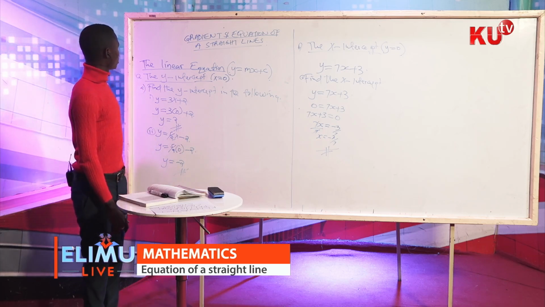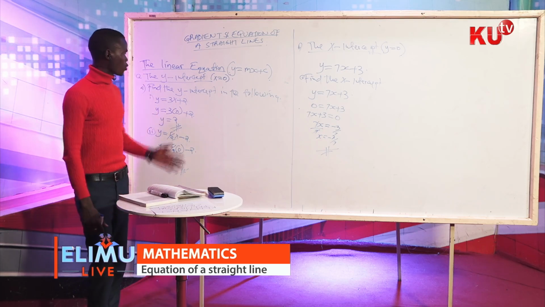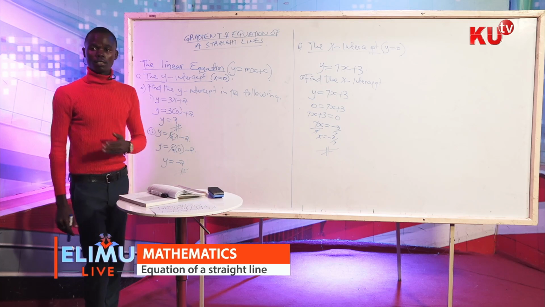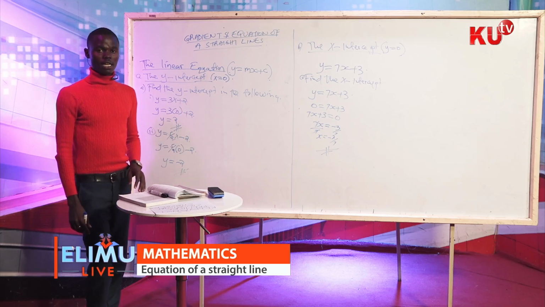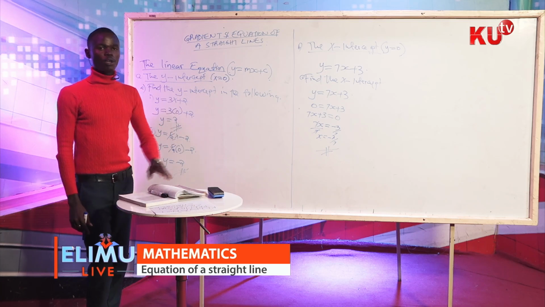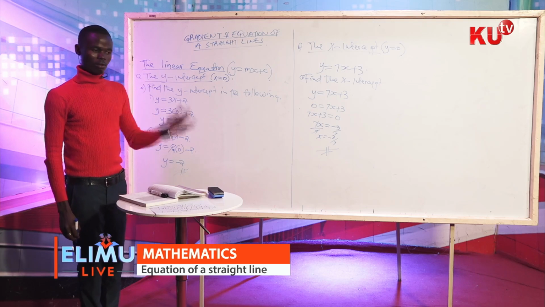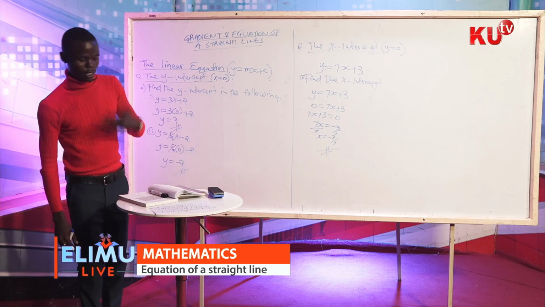From there, we moved on to form the equation of a straight line. We saw how to form the equation of a straight line given 2 points, then given a gradient and 1 point.